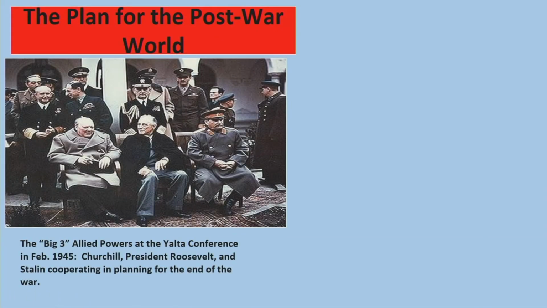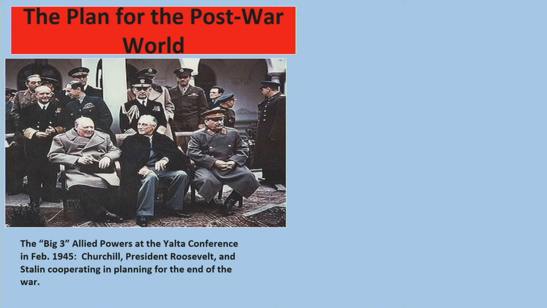Right, so they had already made plans, and this is our big three world leaders at Yalta. Right, on the left-hand side, you see the British Prime Minister and Great War Leader Winston Churchill. In between there in the middle is our President Franklin Delano Roosevelt. And on the right side there is Joseph Stalin.